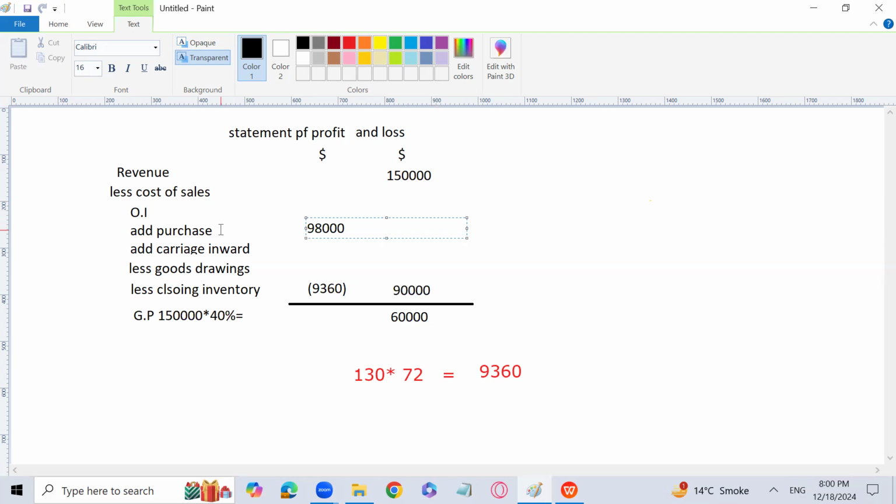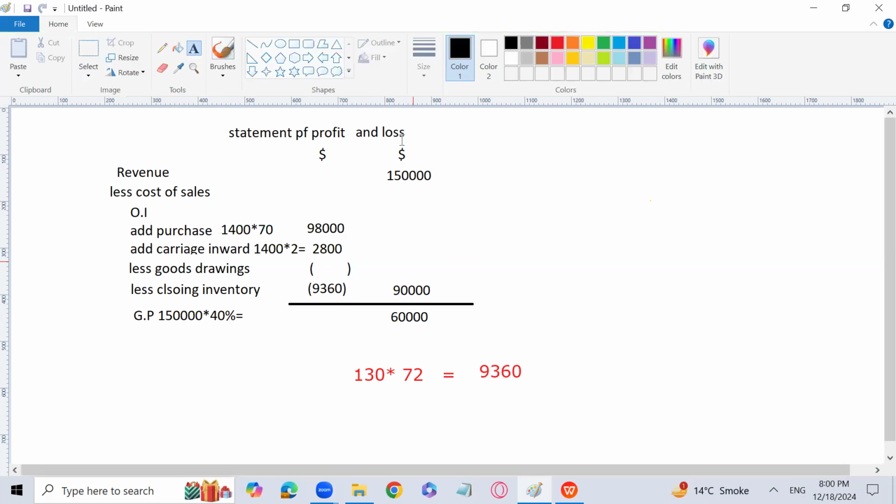Let me write it also so that it is very clear in your mind. Then carriage inward will also be paid on the same units. 1,400 into 2, that is 2,800. And then we have to subtract the goods drawing. The amount is not known to us.